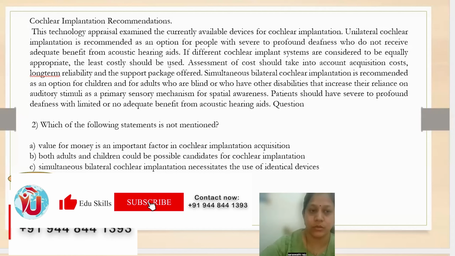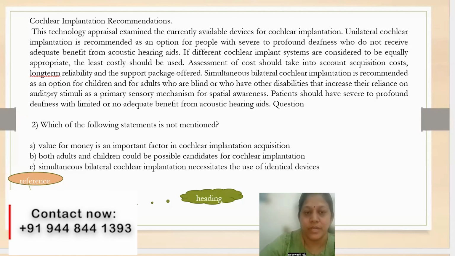So now we can go for the question and identify which one is correct. What we are going to search in the text is which is not mentioned, right? Value for money is an important factor in cochlear implantation acquisition. It's written already here in the text.